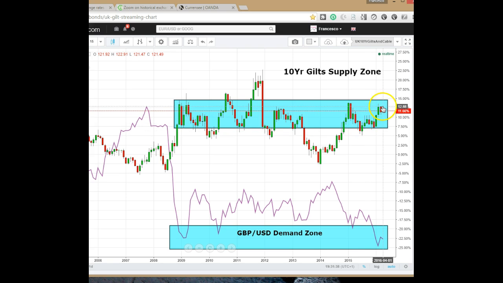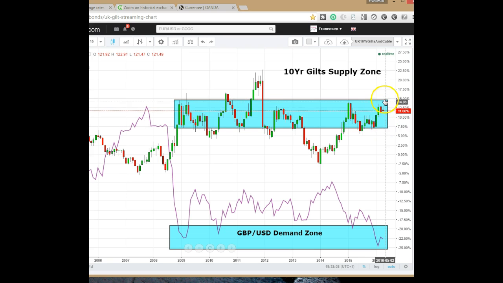You can see that it's expressed here in investing.com as a percentage. We are floating about this range, if you like, from 7.5 to 15%. And I put a box around it just to give us a rough idea of the supply zone. You could narrow it down to maybe just between 10 and 15 as being the supply zone.